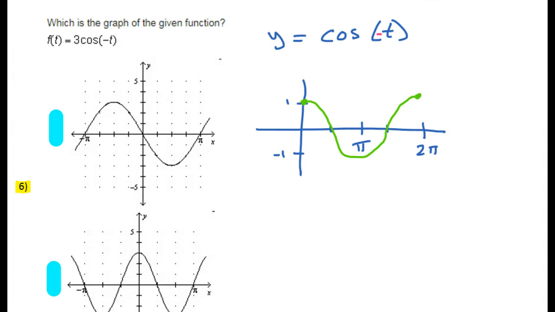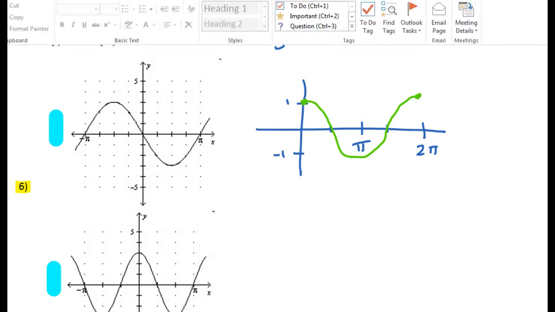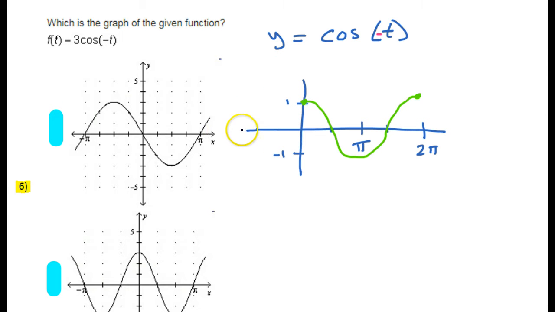But the thing is, the cosine function is already symmetric around the y-axis. In other words, if I just kept on drawing this graph, let's say if I drew another period of the cosine function, if I just kept going, it would look like this.